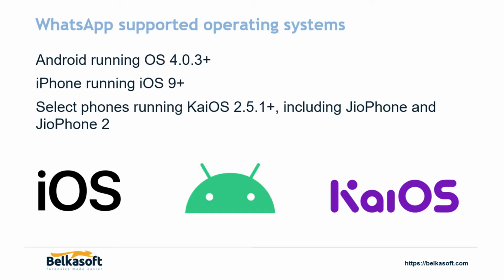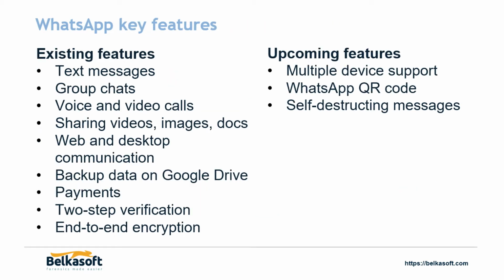WhatsApp is running on all Android versions starting from 4.0.3, iOS starting from iOS 9, and Linux-based KaiOS. Like any other chat app, WhatsApp was created to allow users sending and receiving text messages. There are group chats as well, which are designed to share messages, videos, images, and documents with up to 256 people at once.